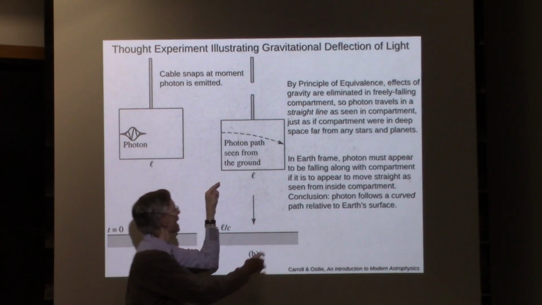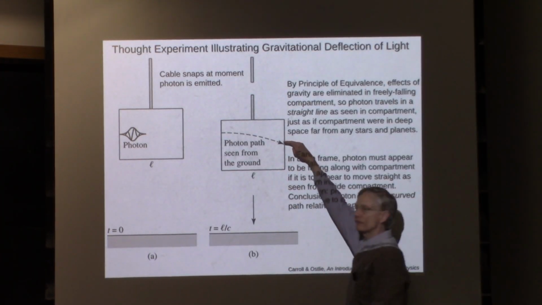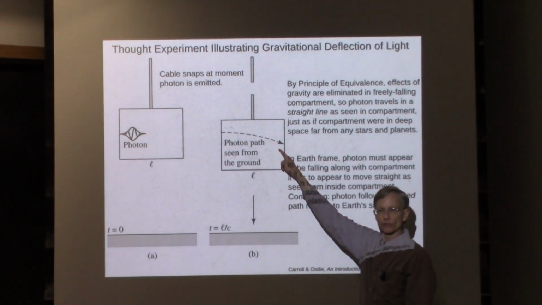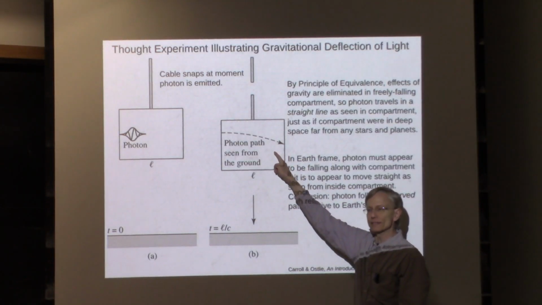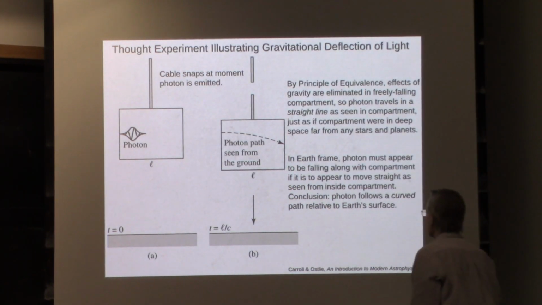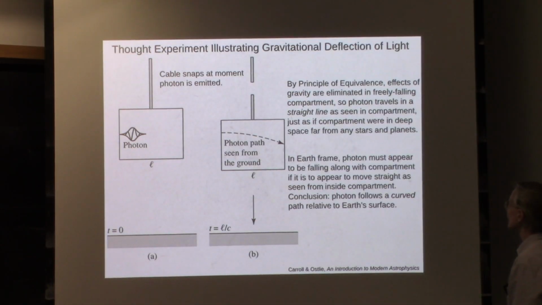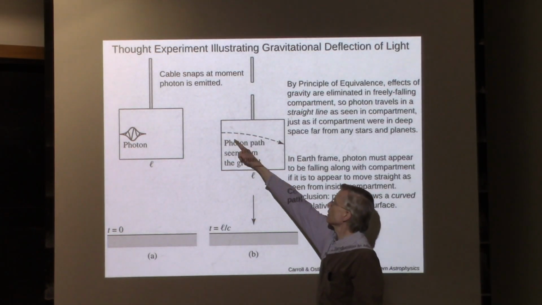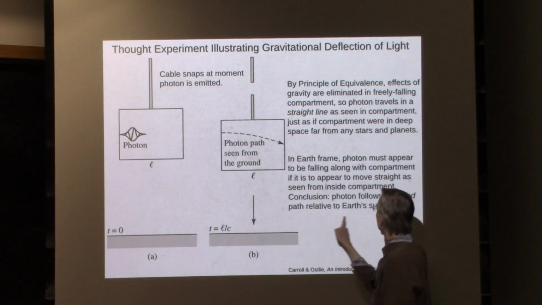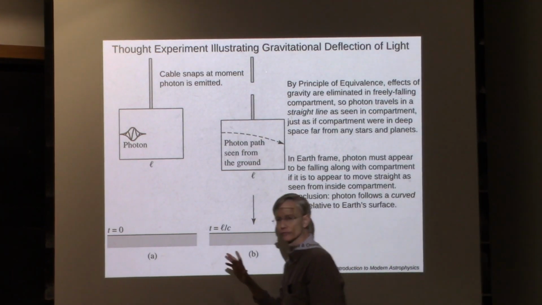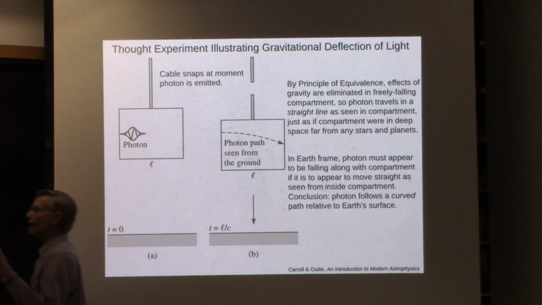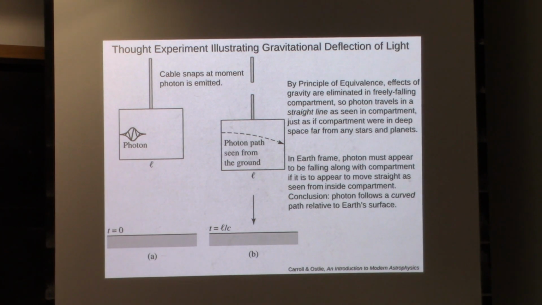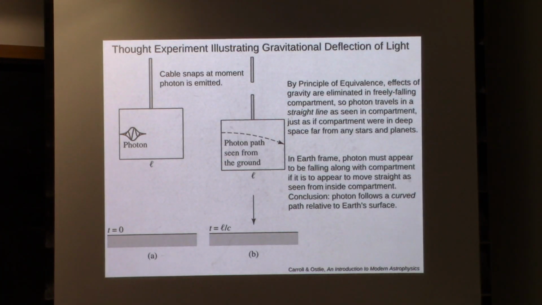So the conclusion: the photon must follow a curved path relative to Earth's surface. Ta-da, basically. That's the implication of all this. So if the principle of equivalence is true, gravity must affect the paths of photons.